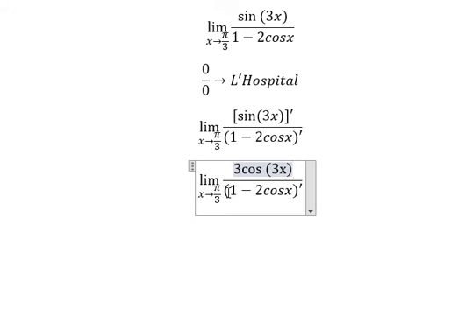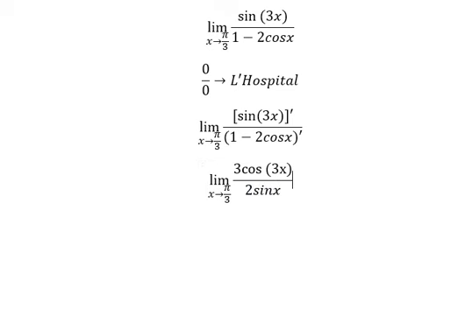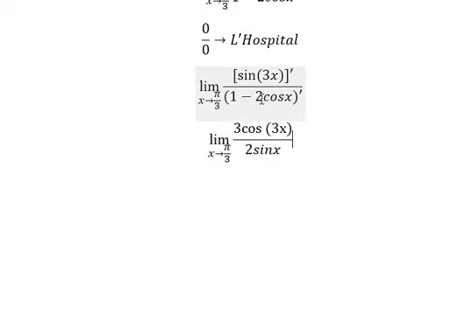First derivative of 1 minus 2 cosine x, you get positive 2 sine x, because the first derivative of negative cosine x is sine x, and the first derivative of the number 1 is 0. That's why you get 2 sine x.